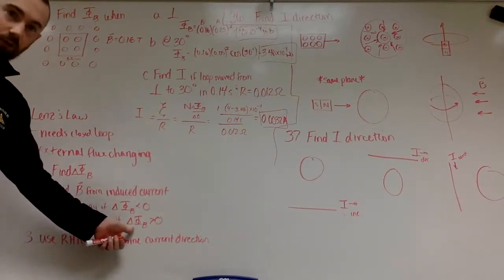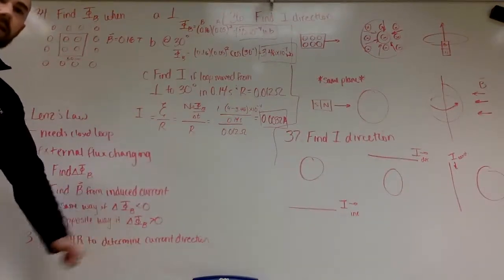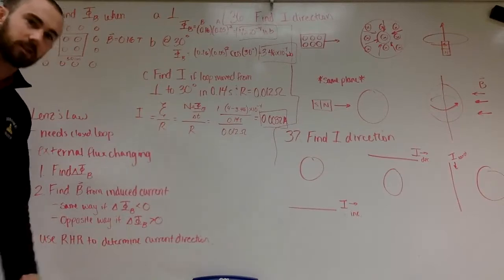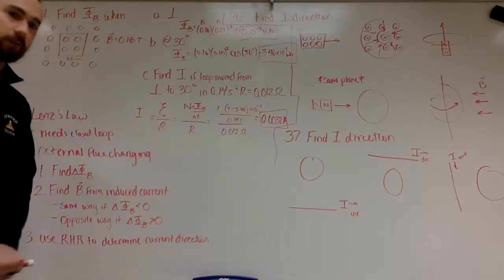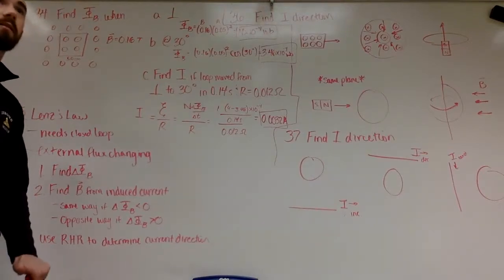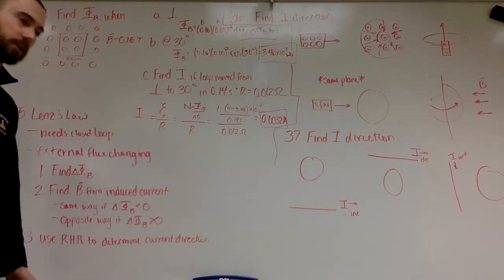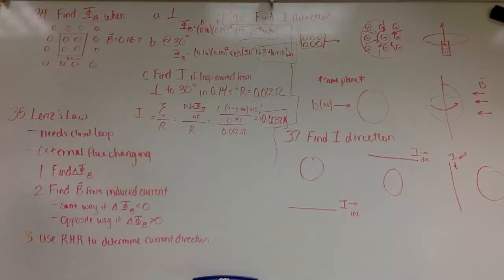Down here, if our flux is increasing, then it's going to be like, oh man, I don't like that it's going up, and it's going to create a magnetic field in the opposite direction the magnetic field is already going, so that it can prevent the flux from changing.